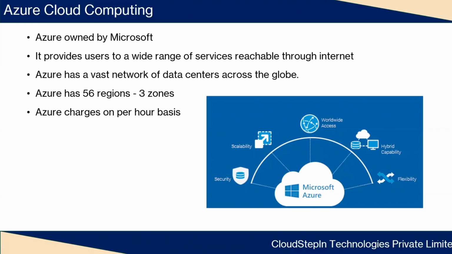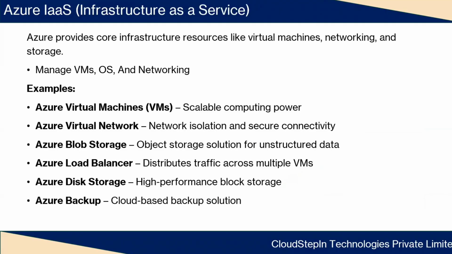Common Azure services are the main cloud services provided by Microsoft Azure. They are divided into three parts: IaaS, PaaS, and SaaS. In Microsoft Azure, IaaS means infrastructure as a service.